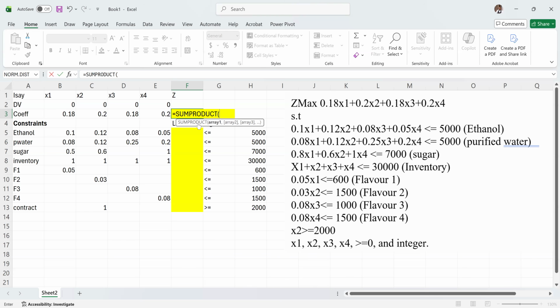Now watch it. When you see the function, it has array 1, array 2, array 3, and all of that. So for array 1, you will highlight all the coefficients from 0.18 all the way up to 0.2. Then you bring a comma.